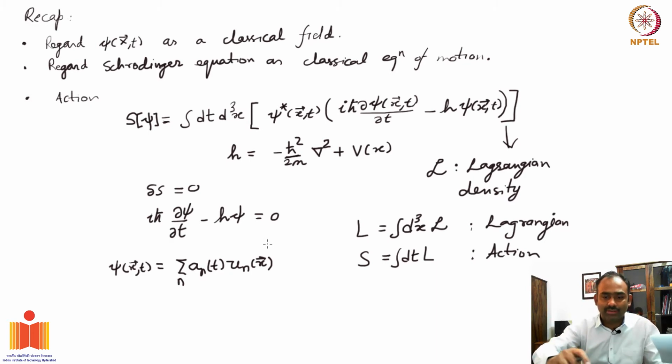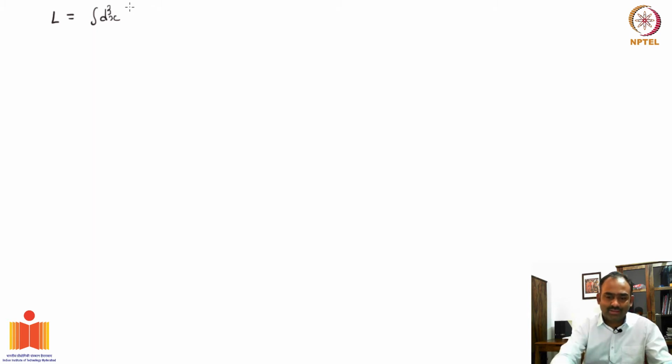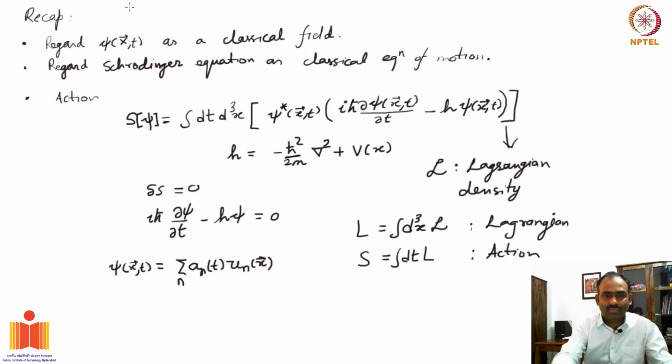So let's go to the next slide. Okay, good. So let me write it down here again. So your psi, let's go to the Lagrangian. The Lagrangian is integral d cube x psi star, and this piece.